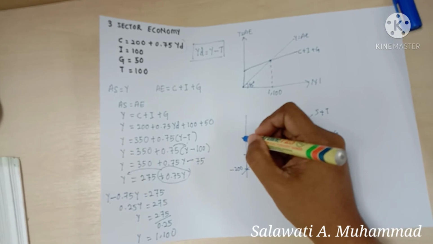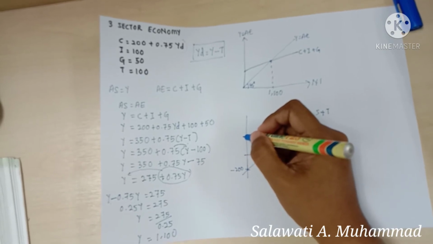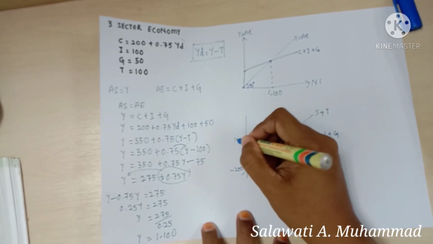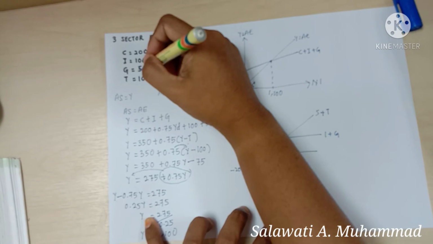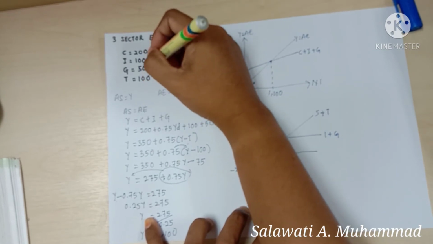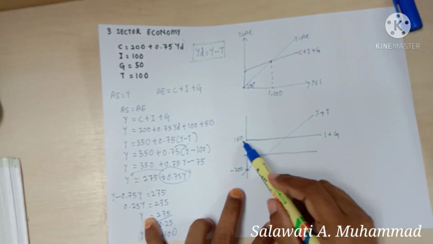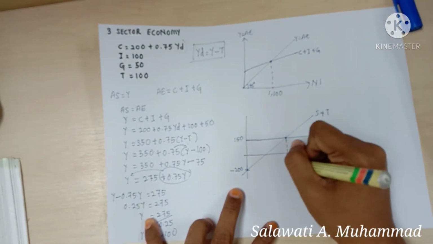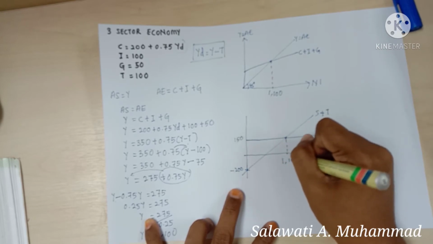So the amount here will be 150. I plus G, yes. I is 100, G is 50. So 150 here. The equilibrium amount is 1100.